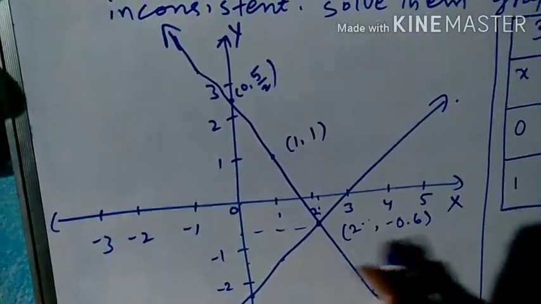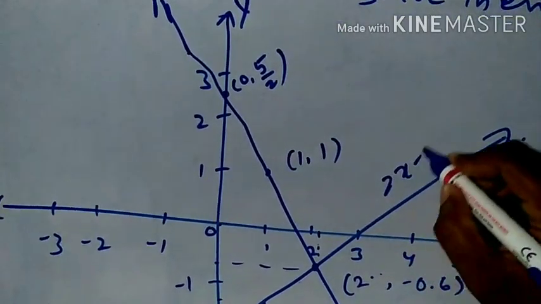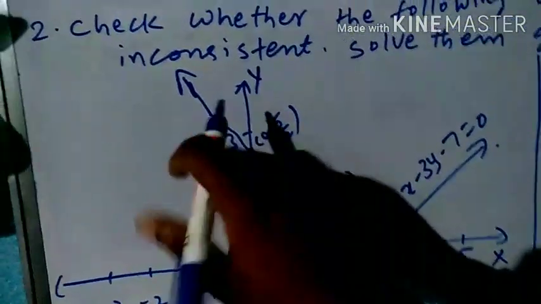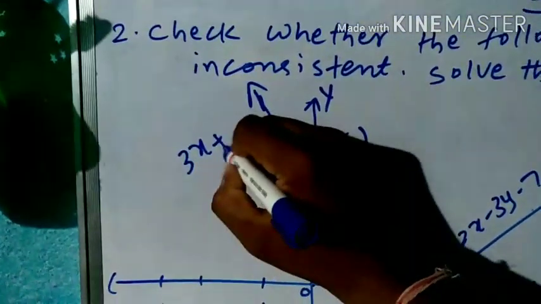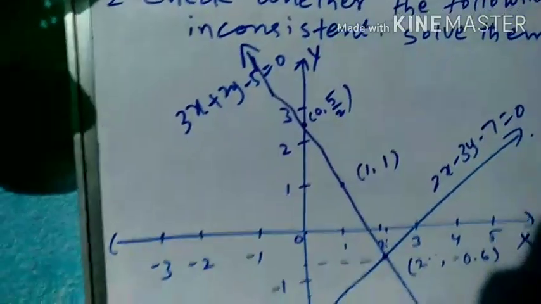So for the solution of the two lines, first write these lines. This line represents 2x minus 3y minus 7 is equal to 0. This line represents 3x plus 2y minus 5 is equal to 0.